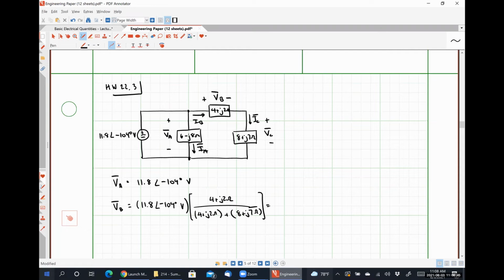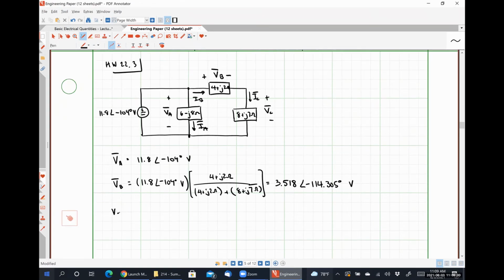If I toss that into my calculator, I get 4 plus 2i in the numerator, and that's going to be 12 plus 9i in the denominator. That gives 3.518 angle negative 114.305 degrees volts.